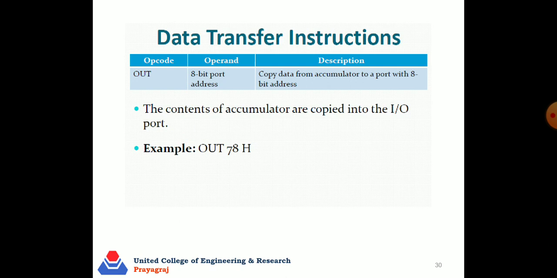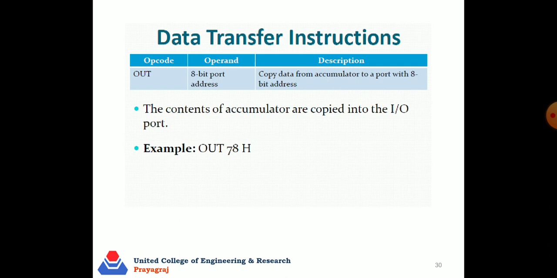In this instruction, it copies the data from the accumulator to the port with the 8-bit address. That means the content of the accumulator is transferred to the output port given by this address.